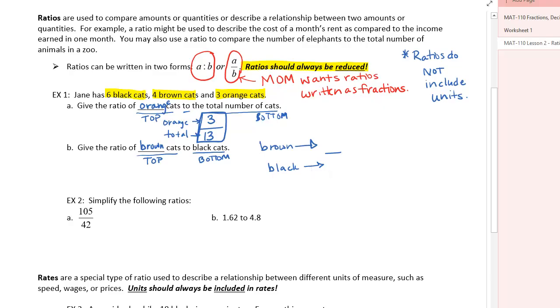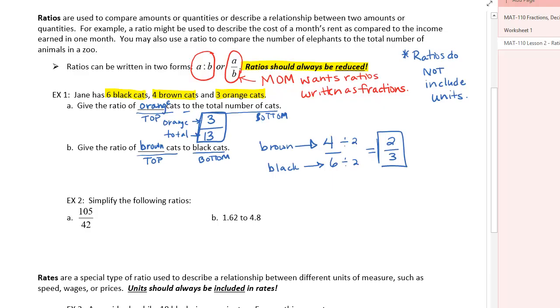There are 4 brown cats, so that goes on the top. There are 6 black cats, so that goes on the bottom. Notice, however, that this is not reduced. To reduce it, we're going to divide the top and the bottom by 2, and that will give us 2/3.